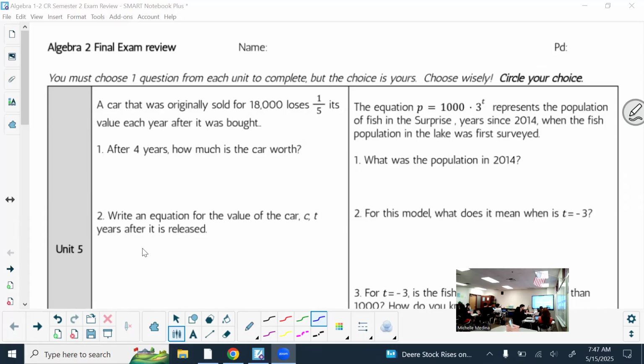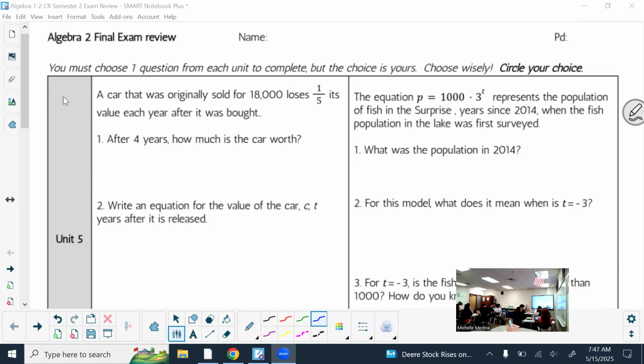So choice one on unit 5, a card, and remember, do you guys remember what unit 5 was about? What type of function? There's like three major types we learned in algebra.